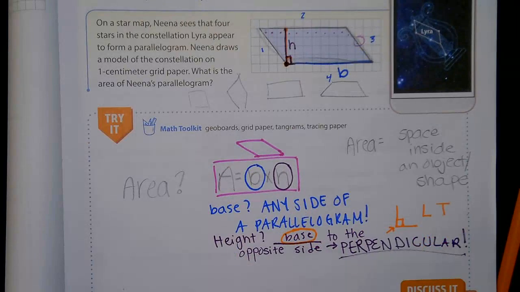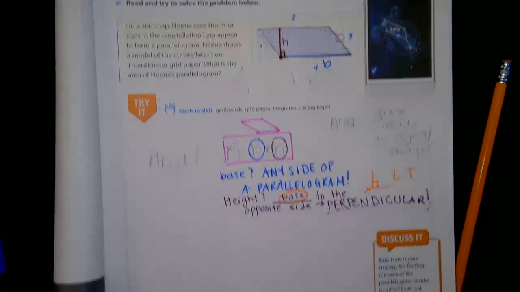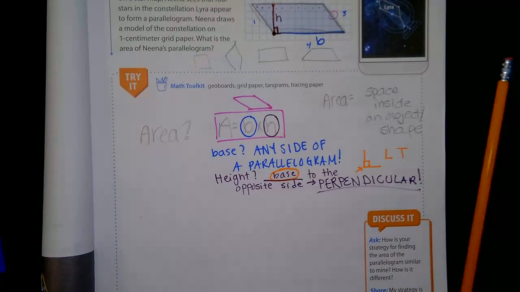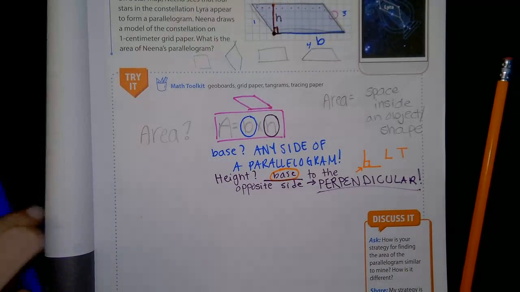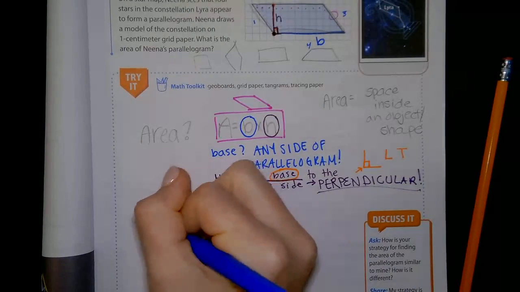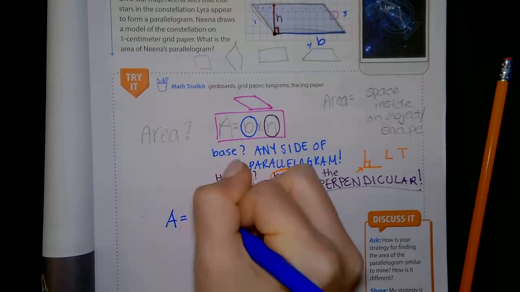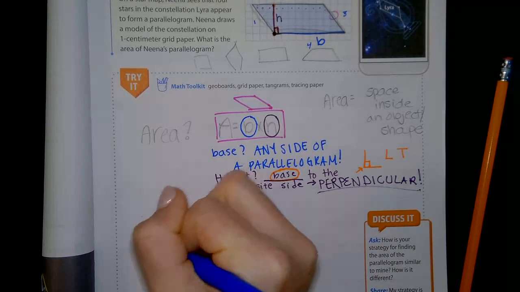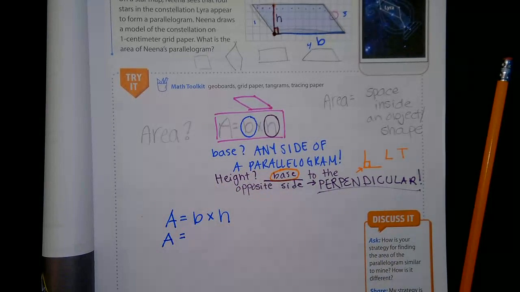Now that we have this, we can use our formula. I'm going to stick with my blue pen because it's pretty easy to see here. So we're going to stick with our formula, A equals base times height. And now I can start filling in answers, right? I don't know the area yet, so I'm just going to keep my A. My base, let's see what my base is.